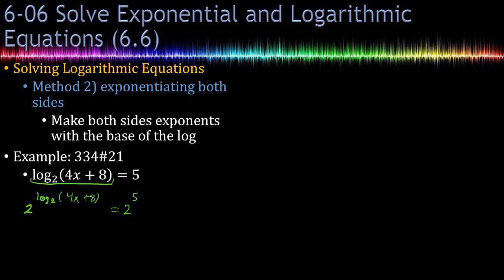The reason why we do that is because the exponential base 2 and the logarithm base 2 cancel out, leaving the 4x plus 8. And 2 to the 5th is 32. Subtract the 8, so 4x equals 24. Divide by the 4, so x is 6.